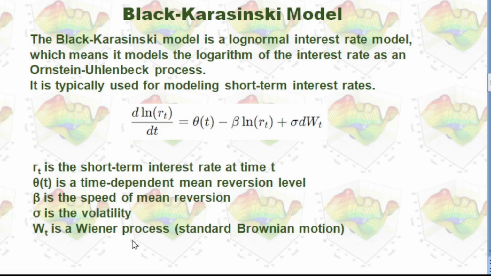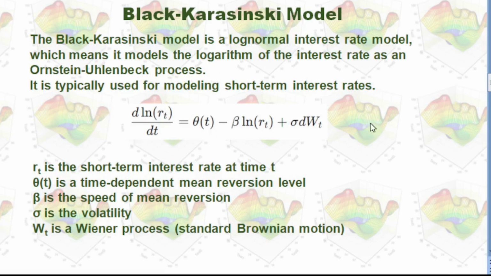Now, let's take a look at Black-Karasinski model. I talked about Black-Karasinski model in my previous video already. Let's review it again. The Black-Karasinski model is a log normal interest rate model, which means it models the logarithm of the interest rate as the Ornstein-Uhlenbeck process.